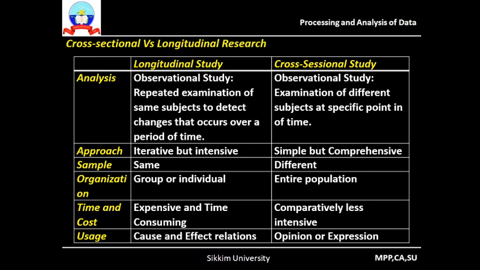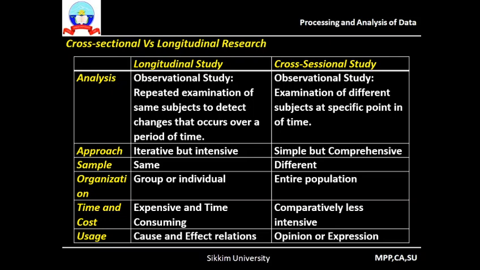So in case of a longitudinal study, we repeatedly examine the same subjects to detect changes that occur over a period of time. Whereas in a cross-sectional study, we examine different subjects at a specific point in time. This implies a longitudinal study is rather iterative, whereas cross-sectional research is rather elaborative and comprehensive.